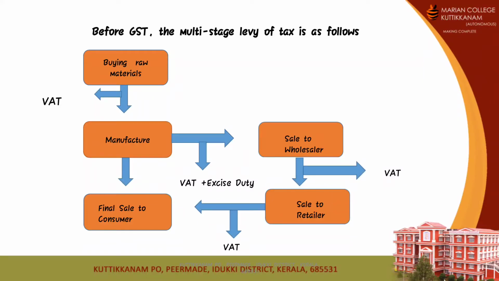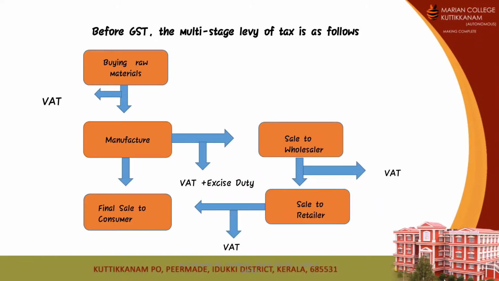After the manufacturing of the product, when the manufacturer sells the product to the wholesaler, as clearly depicted in the flow chart, he needs to pay an excise duty when the product is out for delivery.